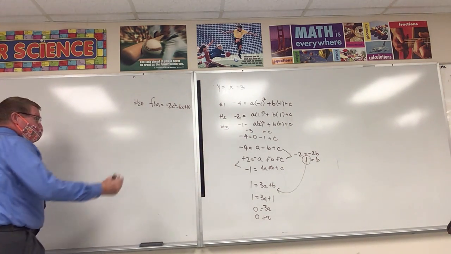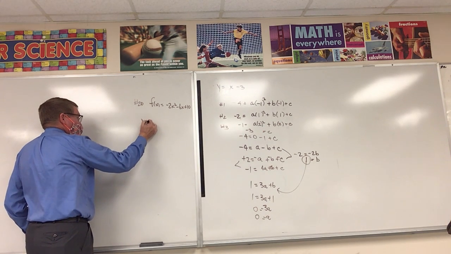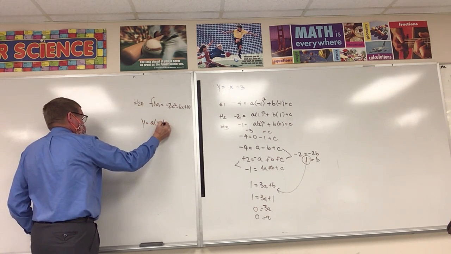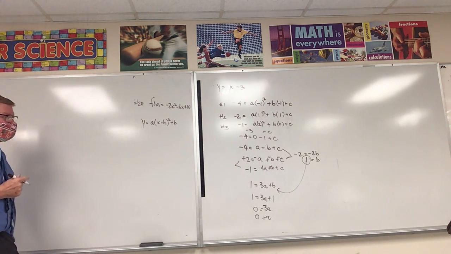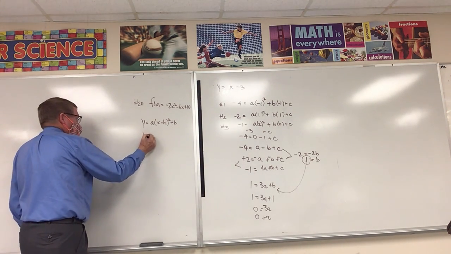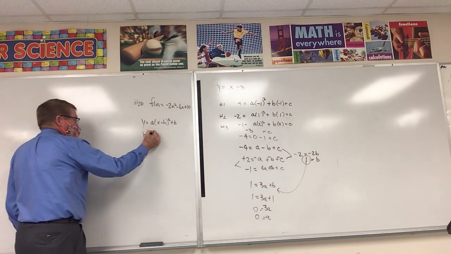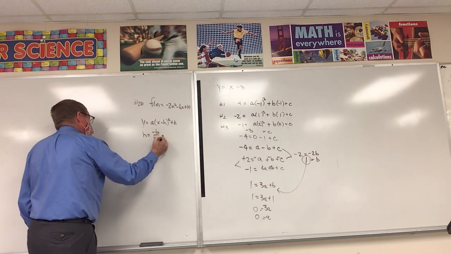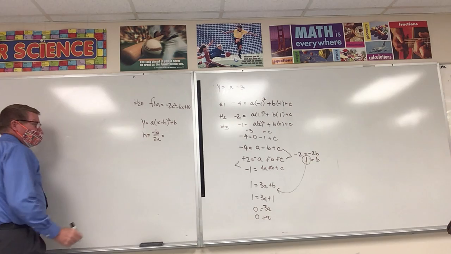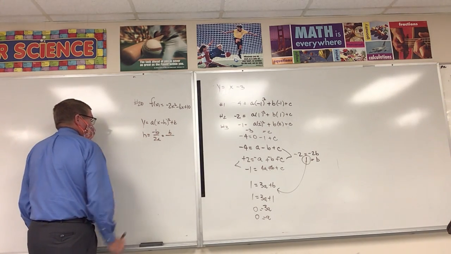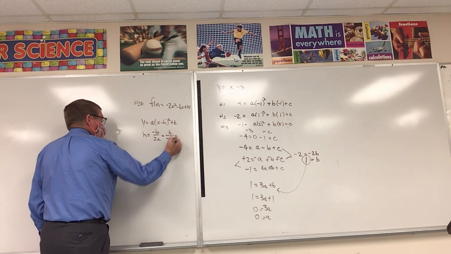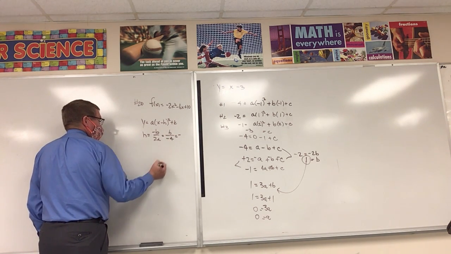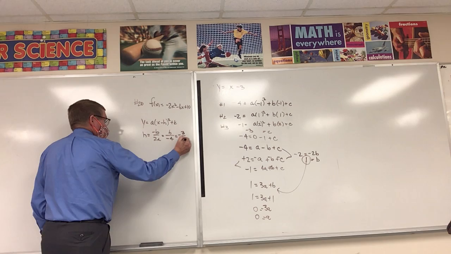What's my vertex form again? Alright, we got standard form, we're gonna find my vertex form, so I gotta find my h. How do I find my h? What's negative b over 2 times a? Which equals negative 3/2.